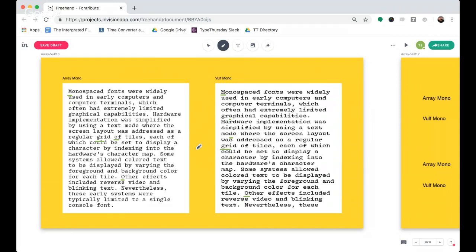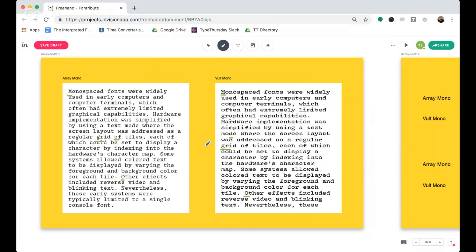There's an interesting move in the addition of that bowl terminal, the ear and the bowl terminal of the G, versus Vulf Mono. Remember, one of the things we were observing was the choice of bowl terminal in the A of Vulf Mono versus the lack of it in the G, and the inversion of that in Array Mono.